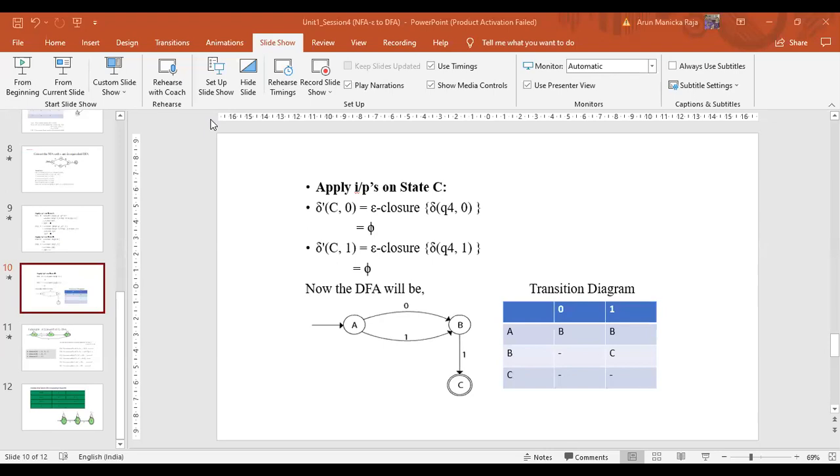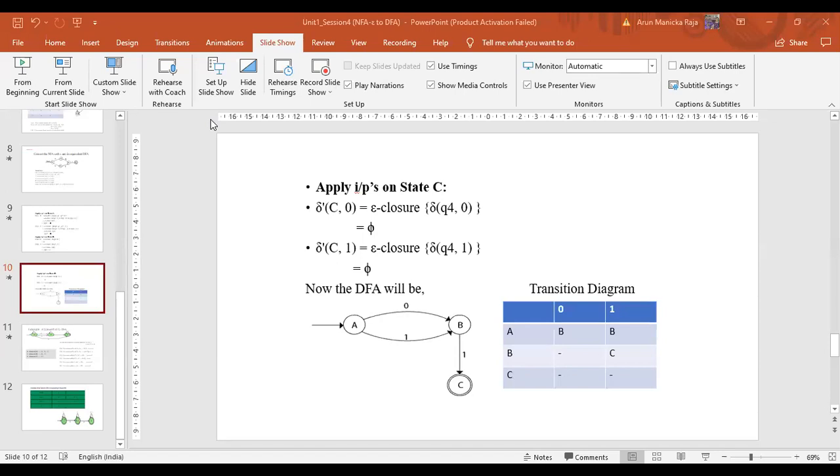Now I'm asking about the first problem, NFA to DFA. What is the procedure to convert NFA to DFA? Just recall what we did in previous classes. Anyone remember how we calculate the NFA to DFA?